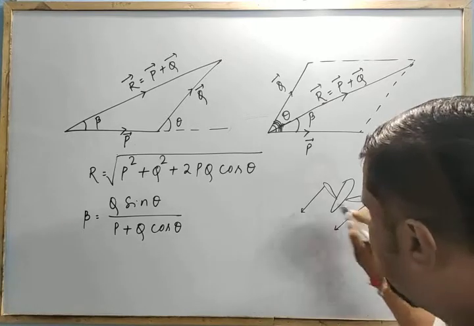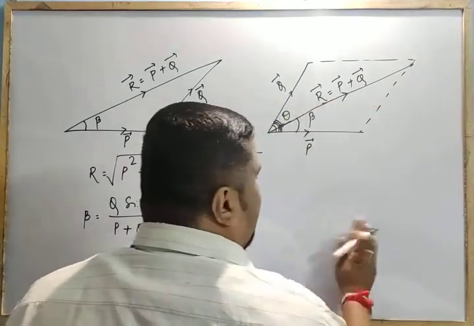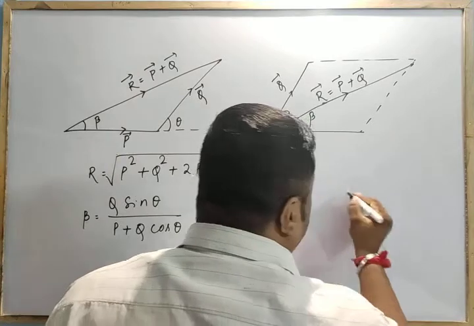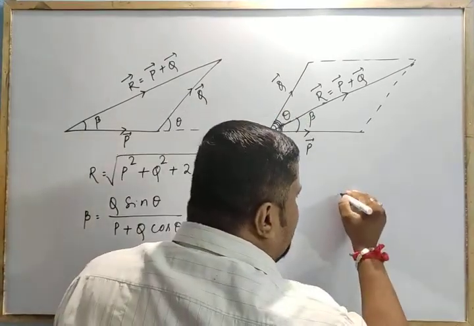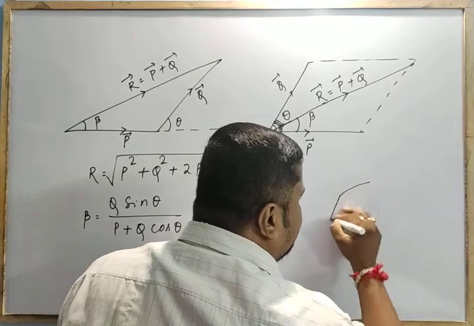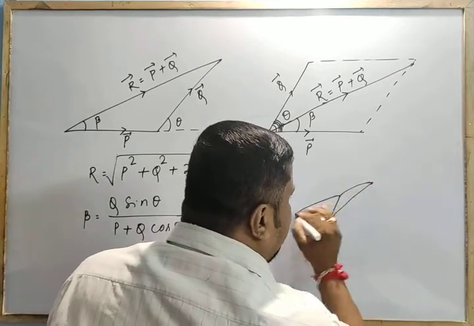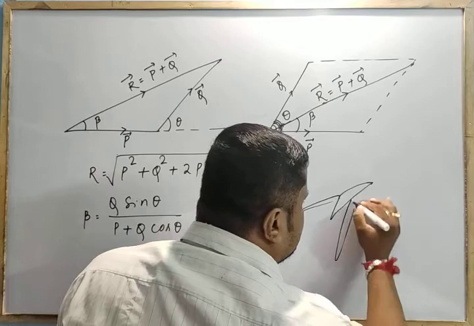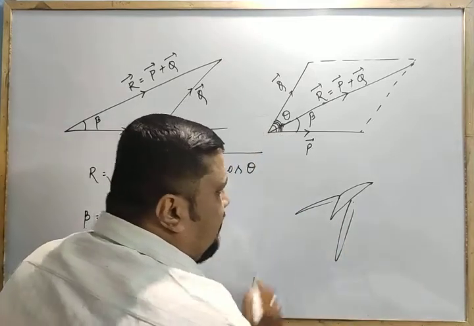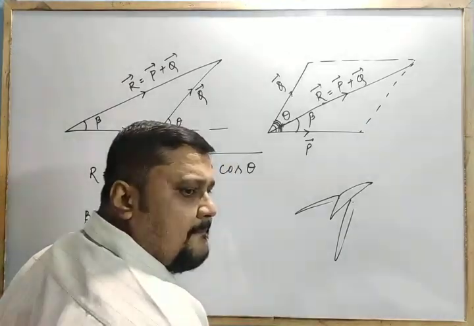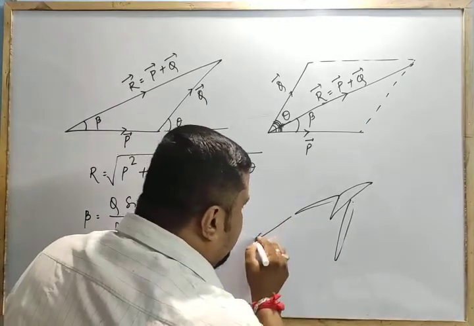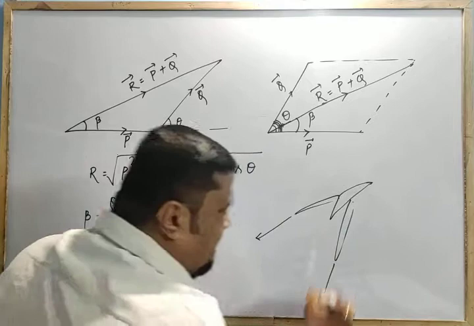So if this is a bird's wings, I am not clear about the figures, so you think that this is your bird, with the wings like this. Now in this case, the wings push like this with force.